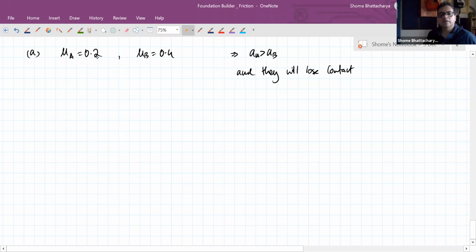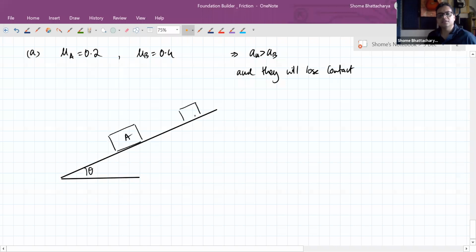Okay, so they will lose contact. So in this case, you can just directly use the formula only, no? Like if you remember the formula, you can directly use this.